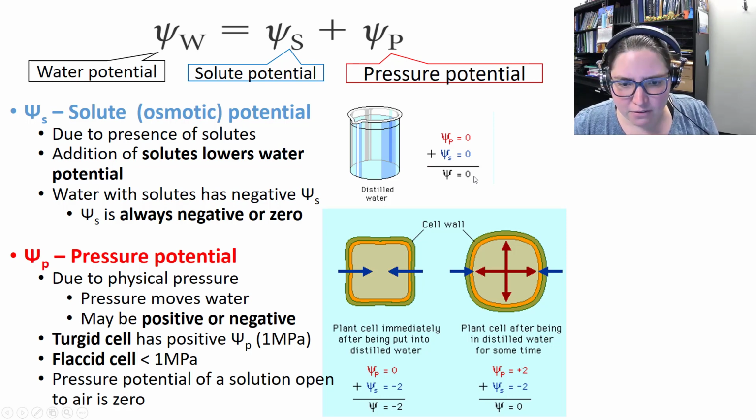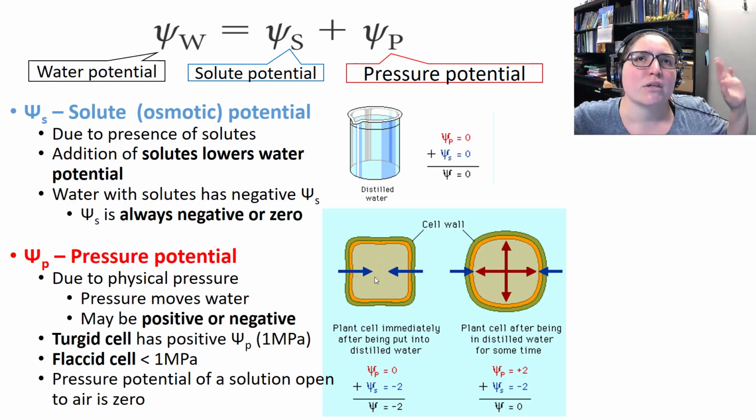If we look at this other diagram here, we have a plant cell immediately after being put into distilled water. We're assuming this distilled water is in like a beaker, right? But our pressure potential is 0, and the solute potential of the cell is -2 because there are solutes inside of that cell. Pressure potential is 0 because the water's not pushing against the cell wall yet.